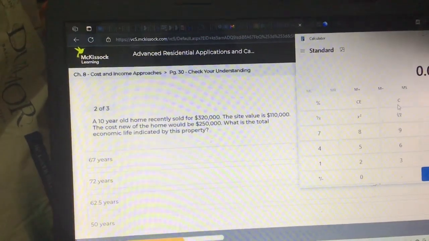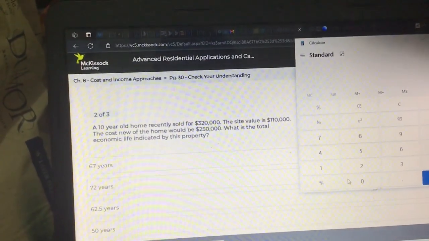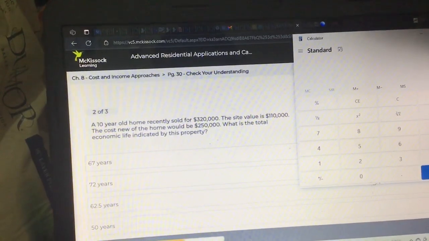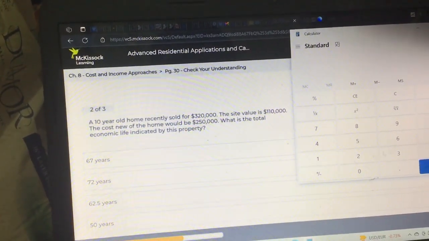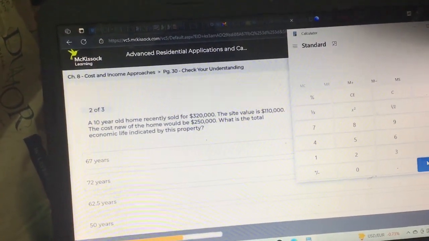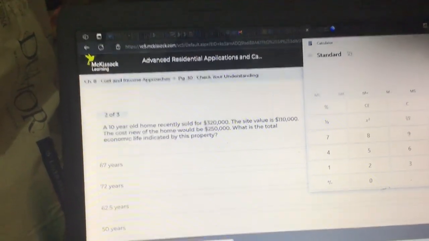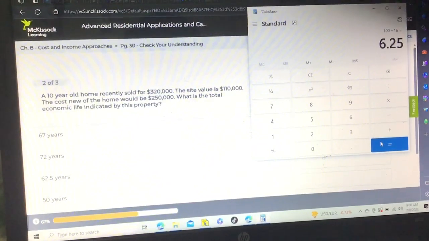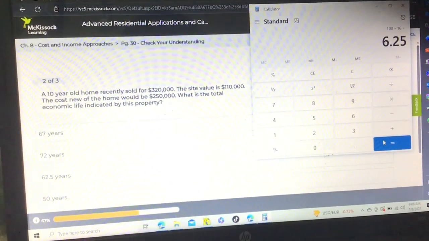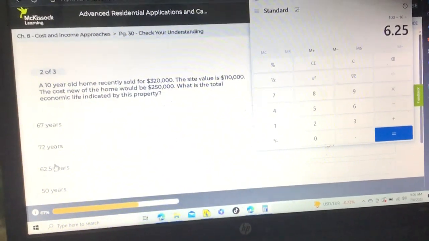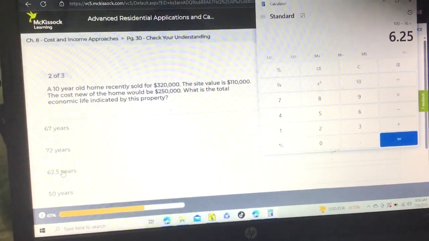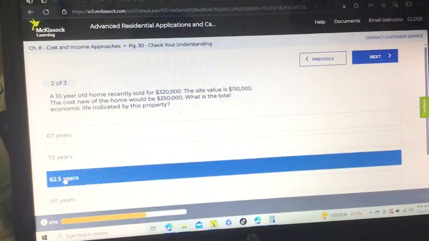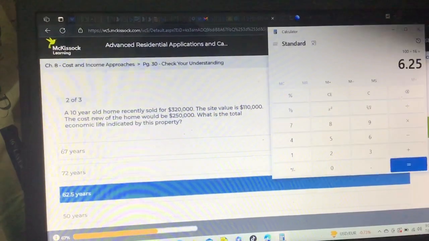Nope, that's not it. 100 divided by 16 equals 6.25. We might be onto something. Check this out. 6.25 is so similar to 62.5. So let's try that again.